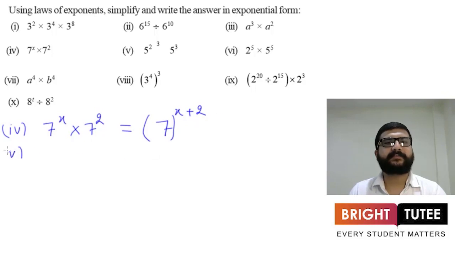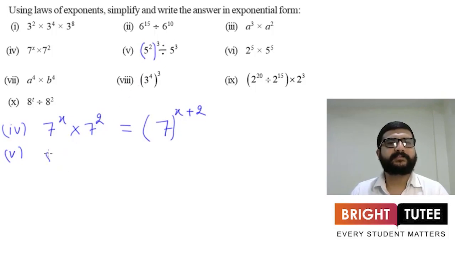Now next one, the fifth one, it is 5 to the power 2 whole to the power 3 divided by 5 to the power 3. So first of all, we are having power to the power. Then what we will do, we will multiply powers.